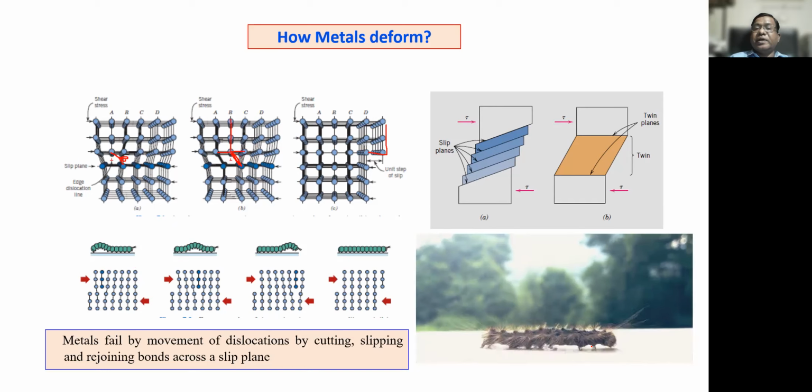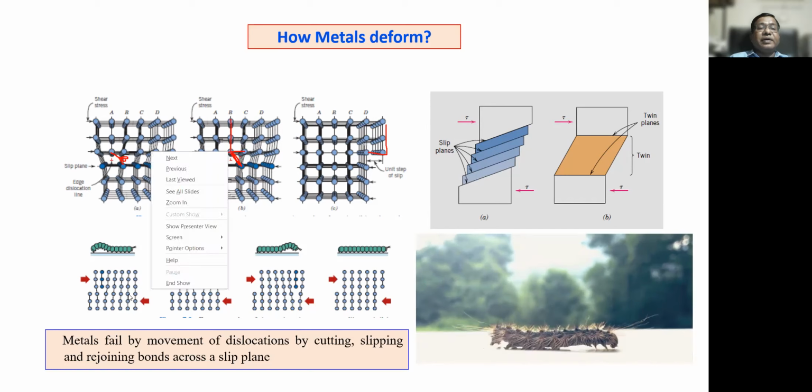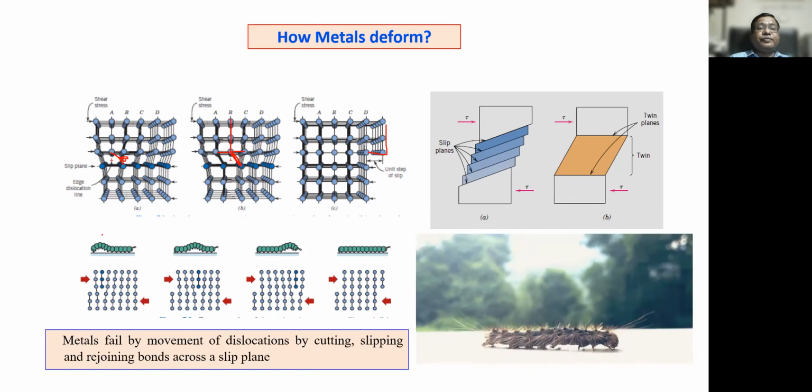It is impossible because it does not have that much strength to take all legs up and jump like this. So it is producing a kink in its body, and that kink is transferring here. This kink is basically a dislocation. So likewise, the metals deform.